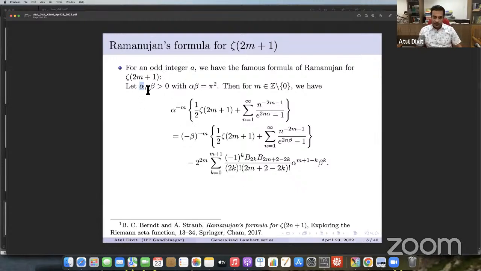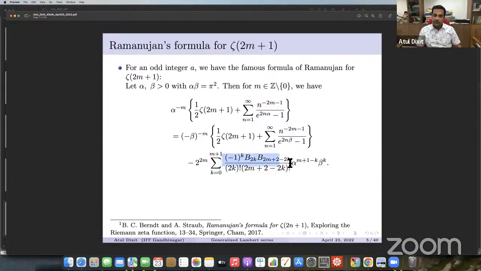So if alpha, beta satisfy the condition alpha beta equal to pi square, then for any non-zero integer m, you have this beautiful formula involving the odd zeta values and the Lambert series that we have been talking about. This n to the power a was minus 2m minus 1. On the left-hand side, you see stuff involving alpha. And on the right-hand side, in the first expression, you see exactly the same thing, except for a factor in the front, which is minus 1 to the power minus m.